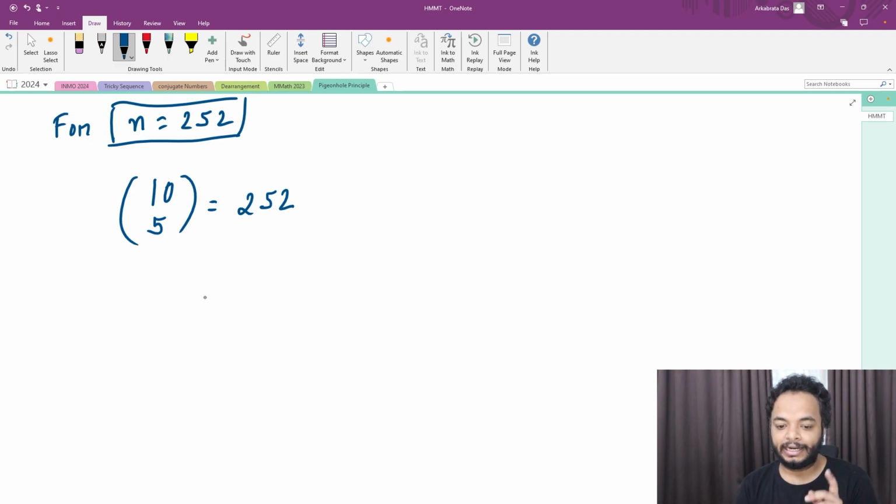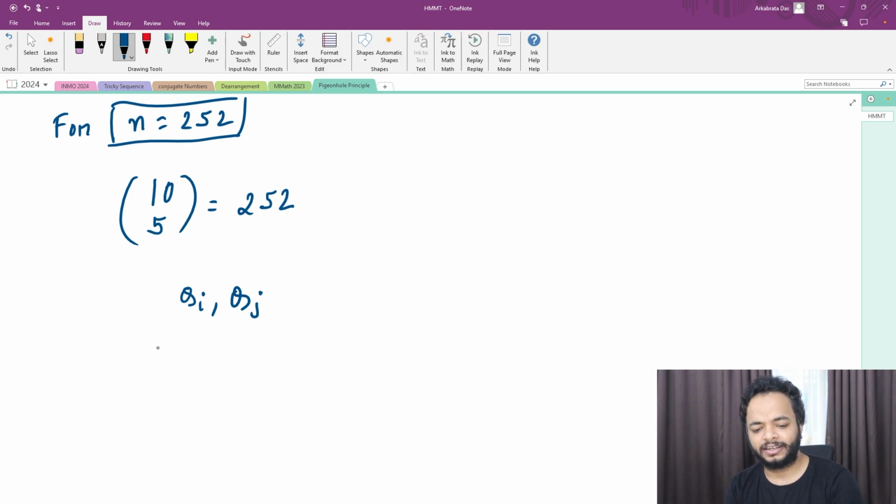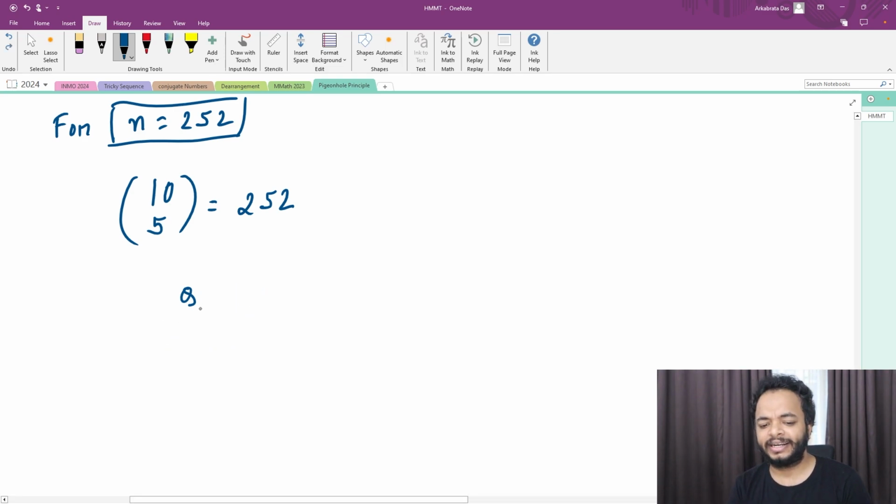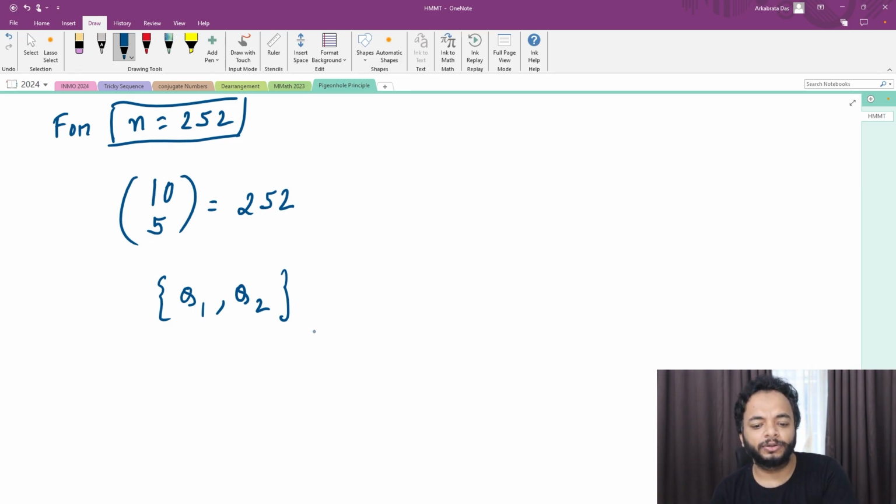Now try to understand that if I take any pair of questions, let's say QI and QJ. And if that confuses you, let's simply write Q1 and Q2, so we can talk about any pair. Now I want to check how many students can answer these questions correctly or incorrectly.